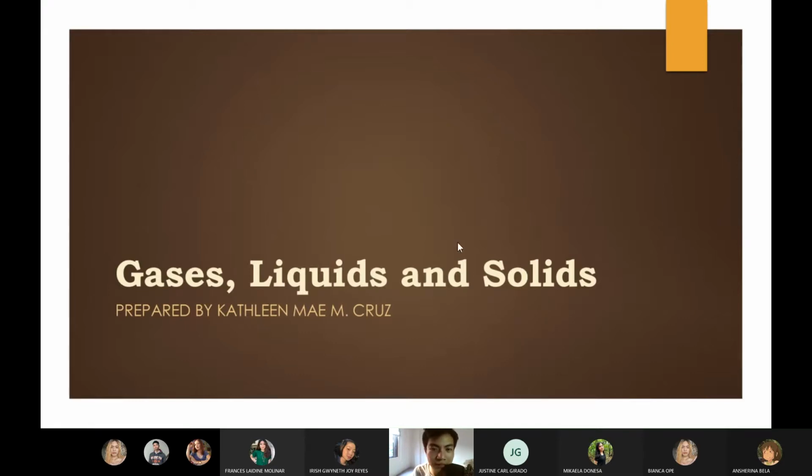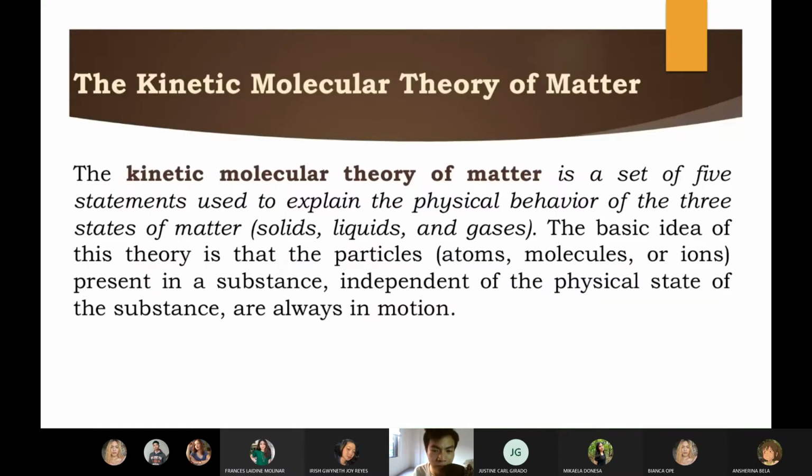So, bakit nga ba nag-exist yung matter into many phases? Okay? One of the reasons why matter exists in many phases is the kinetic molecular theory of matter. According to this theory, our matter can be described as solids, liquid, and gases depending on its kinetic energy.